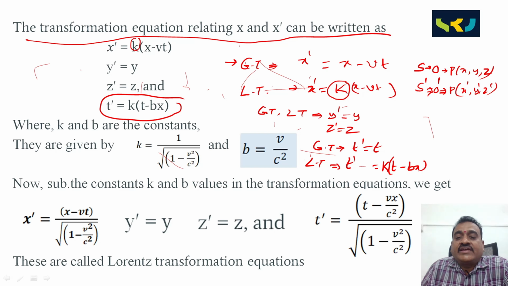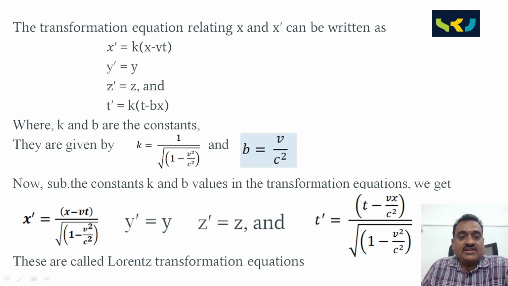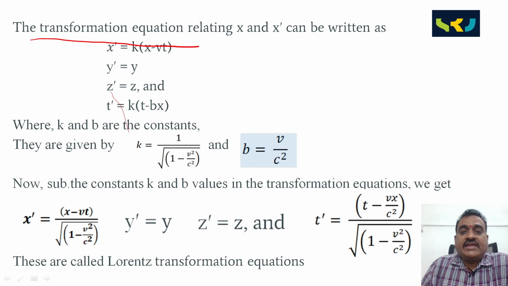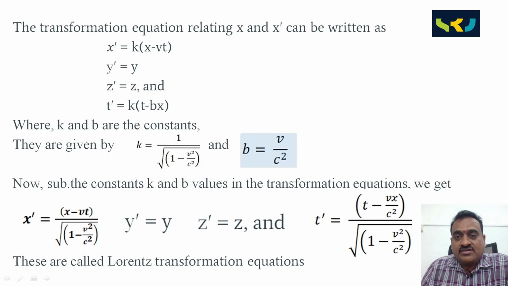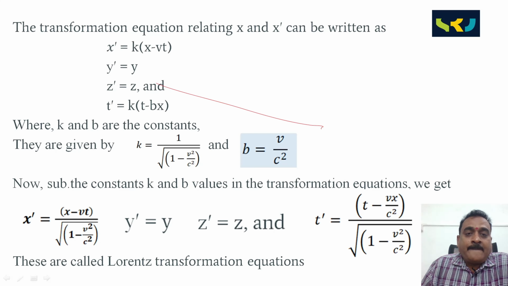So, we are taking t dash is equal to k into t minus bx.